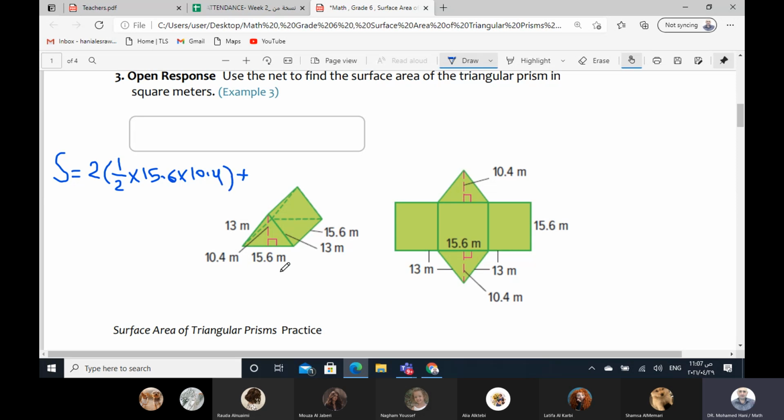Plus, we have here a rectangle, and we have here a congruent rectangle. Two congruent areas, so multiply by 2. And the area will be 15.6 times 13.